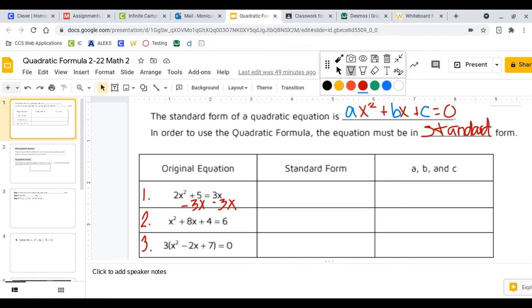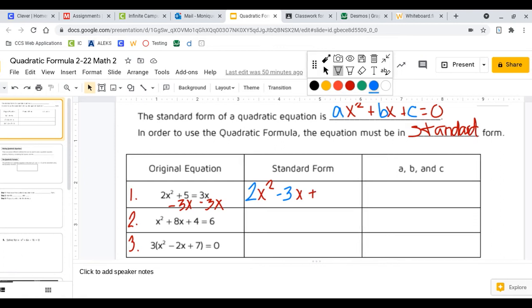That gives me 2x squared, and I'm putting this in order, so I write my x term next: negative 3x, and then plus 5, and now it is equal to 0.